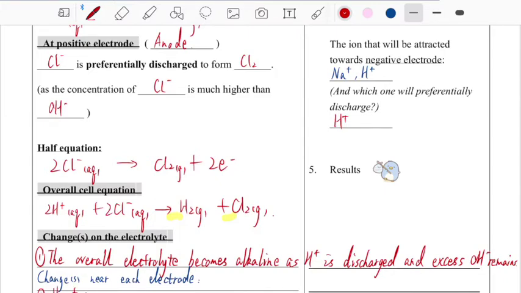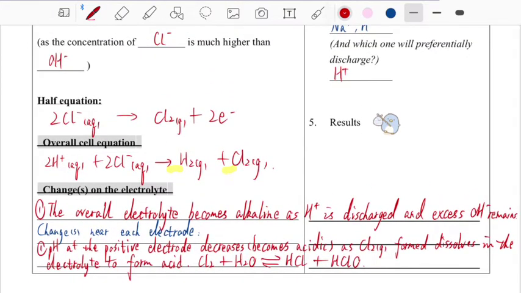So pH at the positive electrode decreases and it becomes more acidic as chlorine gas formed dissolves in the electrolyte to form acid. So the equation would be chlorine plus water undergo reaction to form HCl plus HClO. That's at the positive electrode.